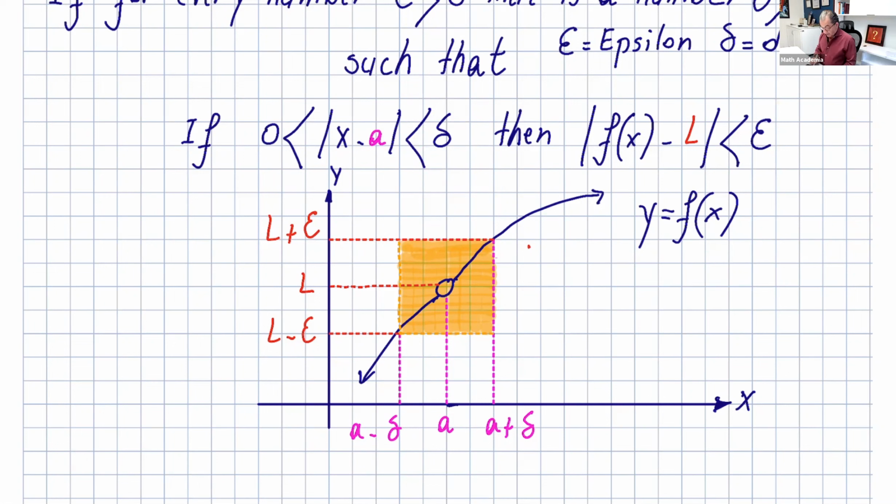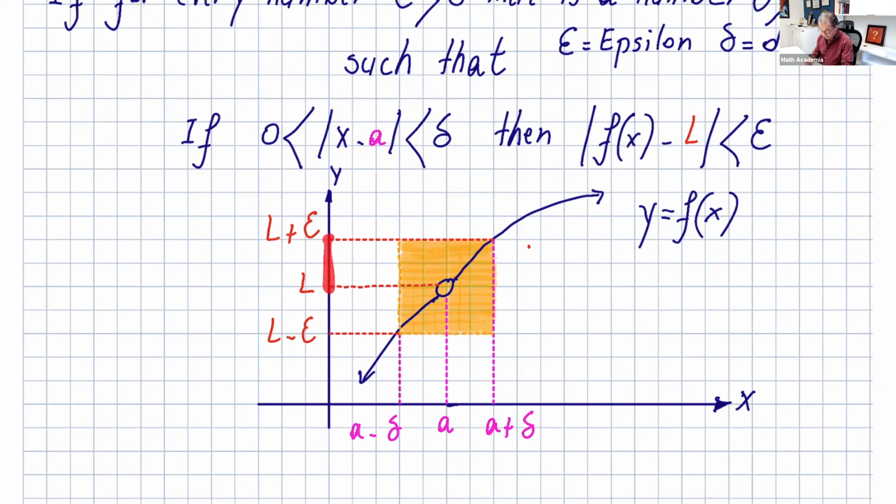Graphically, let's go over this graph. This is our limit. X approaches a, and that's our limit L. If you go to the right a number delta, or to the left a number delta, anywhere you pick a number and you hit the curve, you're going to be in this box. So if you hit the y-axis, then that value should be between L minus epsilon and L plus epsilon.